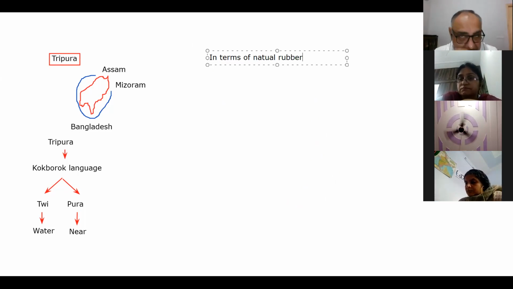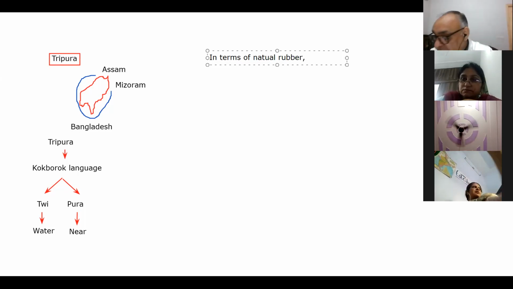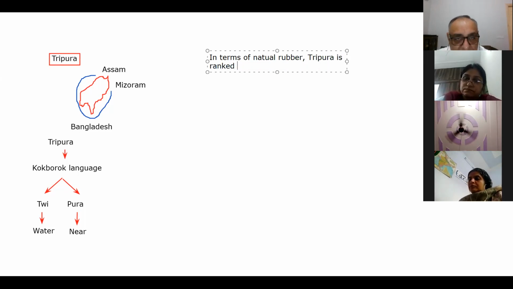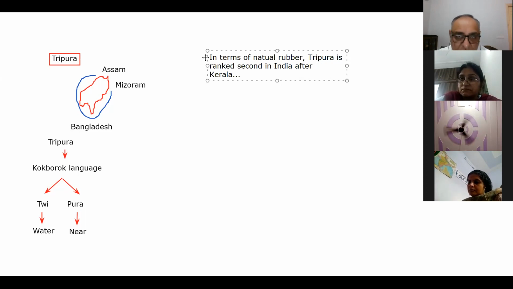In terms of natural rubber, Tripura is ranked second in India, after Kerala. Kerala के बाद second number पे आता है. Kerala is the largest producer of natural rubber in India, and second comes Tripura, right?